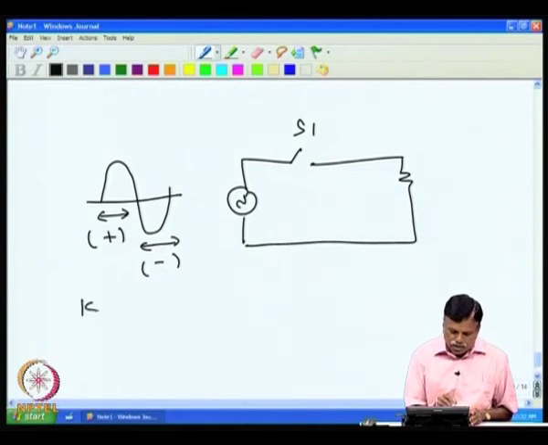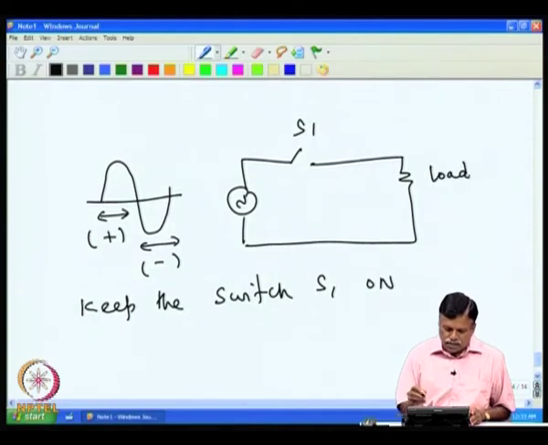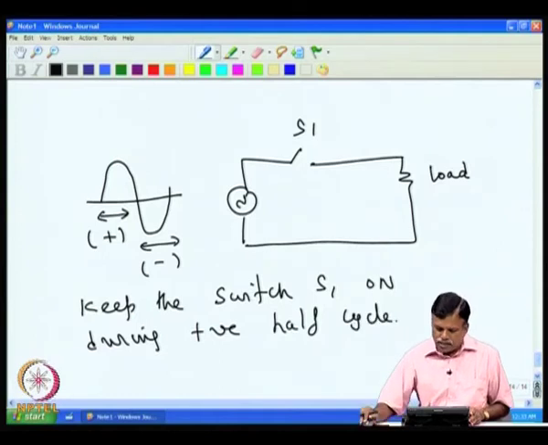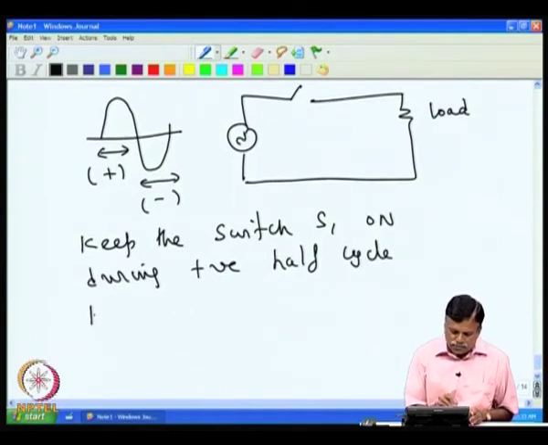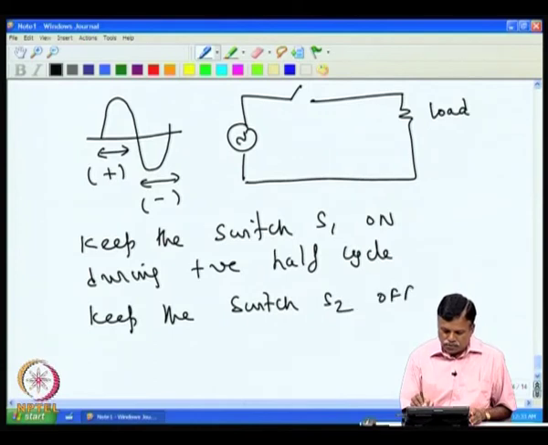Keep the switch S1 on during positive half cycle, and keep the switch S2 off during negative half cycle.